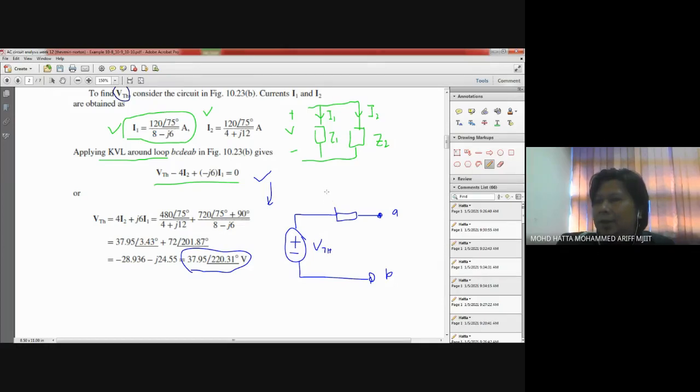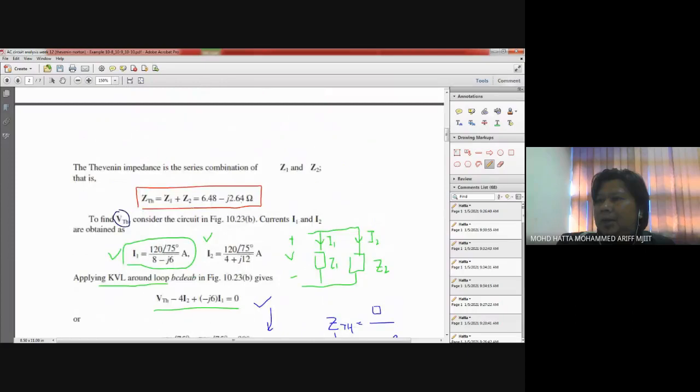And this is the value of ZTH. ZTH equals to what? VTH equals to what? Actually, this VTH is this value, and ZTH is the value over here, put it like this.